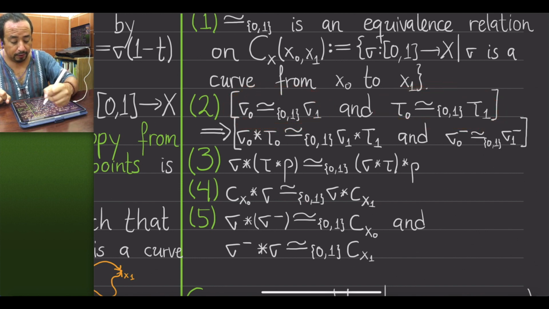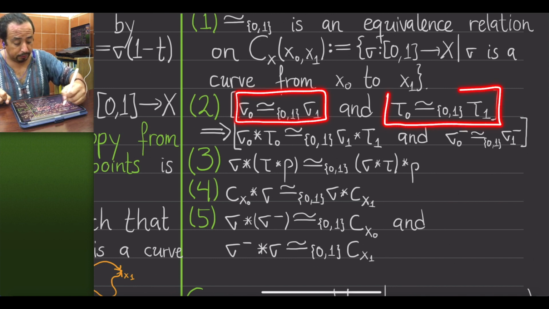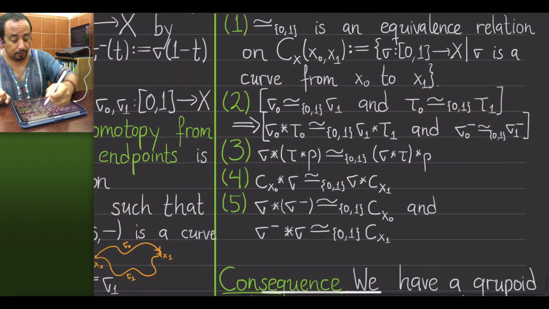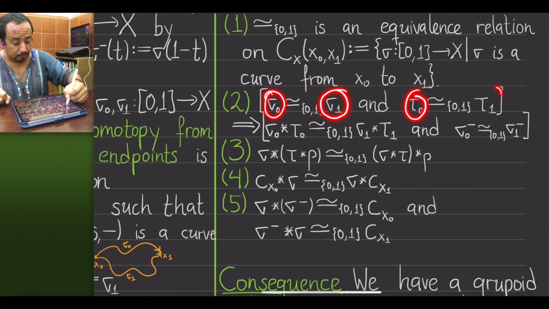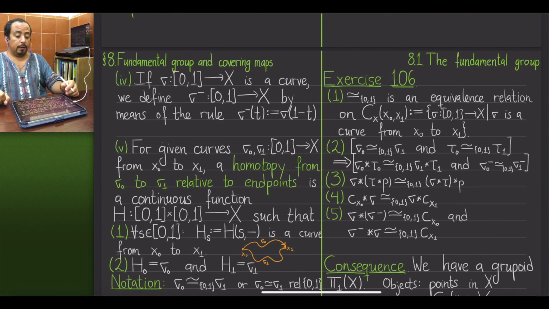That is, if I have, these are homotopic relative to endpoints, these are homotopic relative to endpoints, and moreover the end point of these curves coincides with the starting point of these two curves. Then, when I concatenate this one with this one, I obtain a curve that is homotopic relative to endpoints with the concatenation of sigma 1 with tau 1.